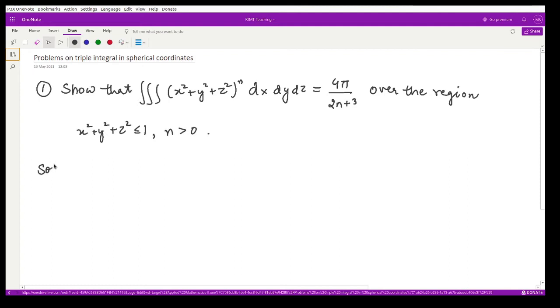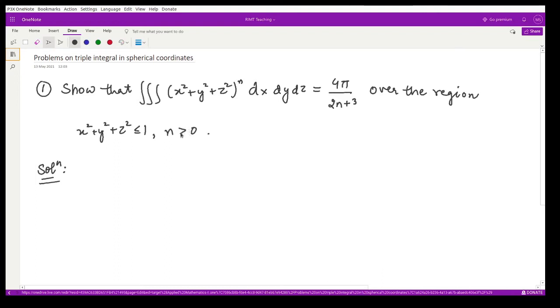than 0. So now, by looking at the question, they have just asked you to evaluate this triple integral. So how can you identify that you want to use spherical polar coordinates here instead of the given Cartesian coordinates?